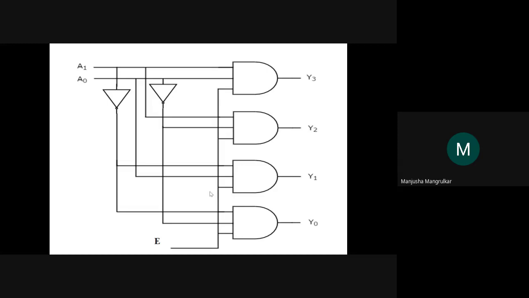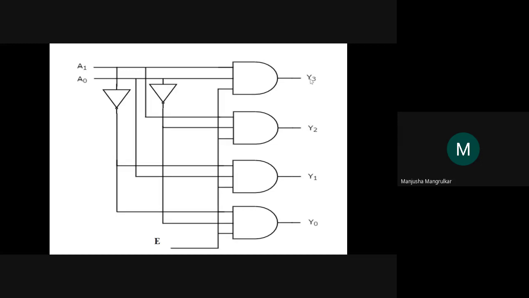E goes to everywhere. If E is equal to 1, then each and every AND gate is activated. If any one of the inputs is 0, your output will be 0. So all the inputs should be 1, then only you will get the output 1.